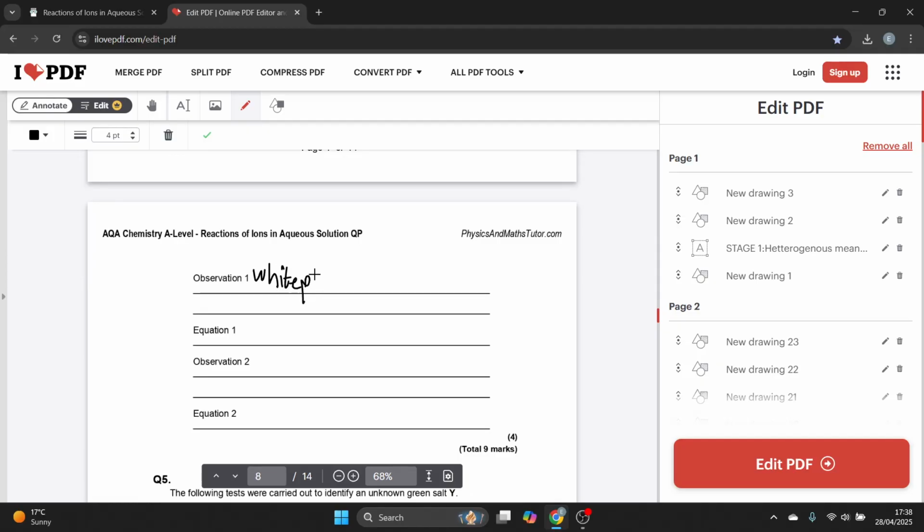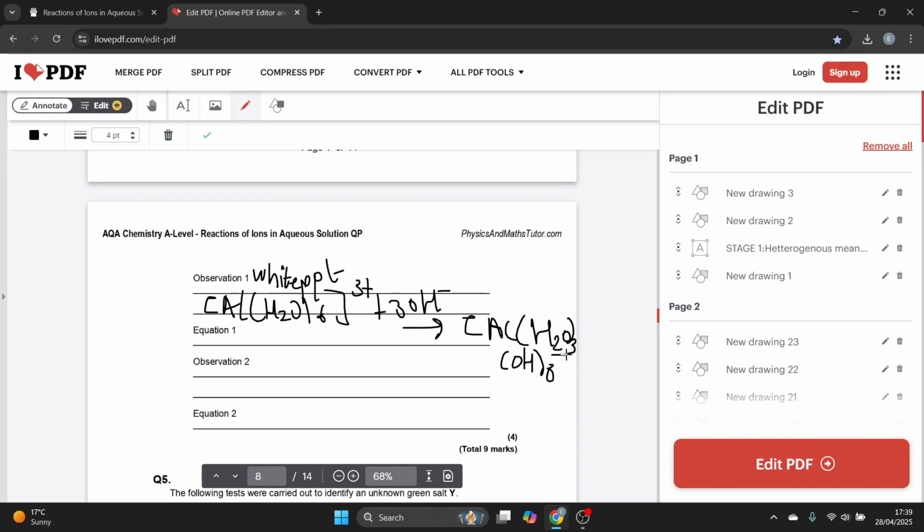So equation 1 is when it's Al(H2O)6 3+ plus 3OH- gives Al(H2O)3(OH)3 plus 3H2O. That should be there. That's equation 1.